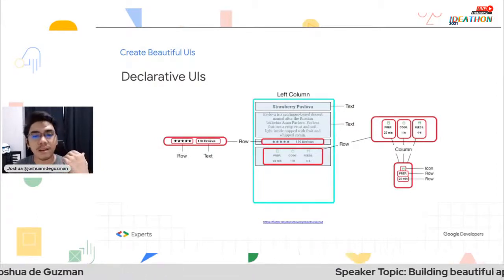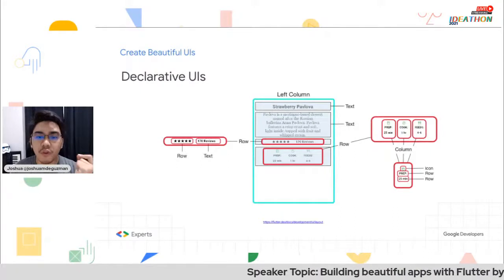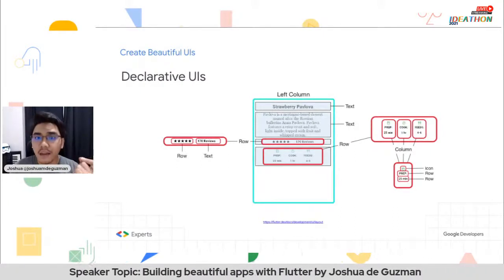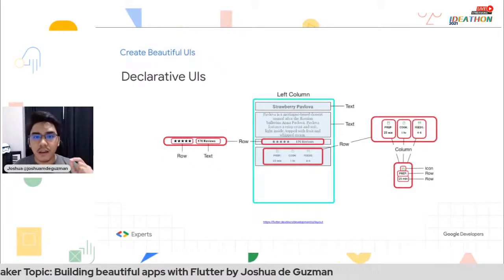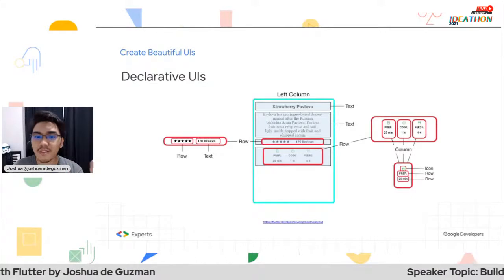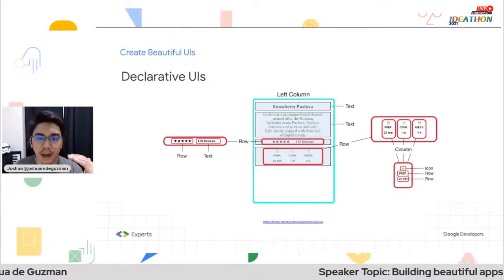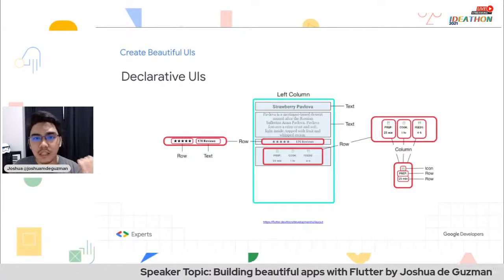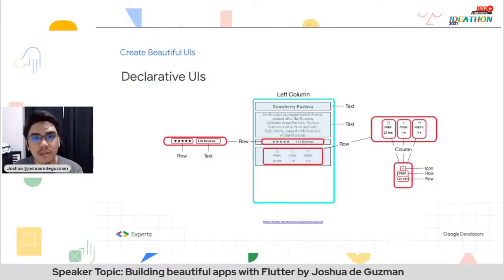For example, I added a text widget with strawberry pavlova text and another description inside the containing layout. I know that the output of the code is rendered the way I added the text. So that's declarative. There's no design language in between.